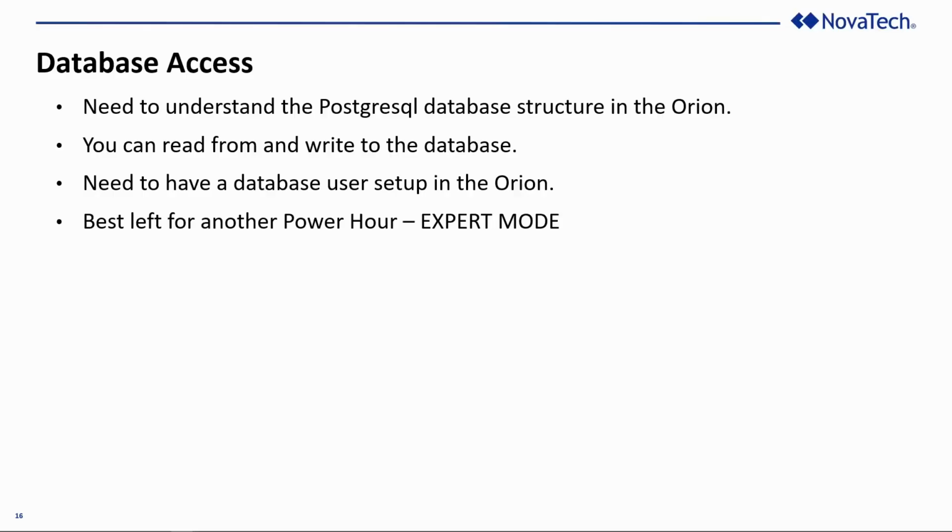You can access the Postgres database, and you can pull data out of it using queries. You can write data into the database if you want. You can manipulate that data. There's a bunch of stuff you can do because it is a SQL type database. So we will go over that at some point when we'll have another one to do that and go over how that's all structured and how you can do that.